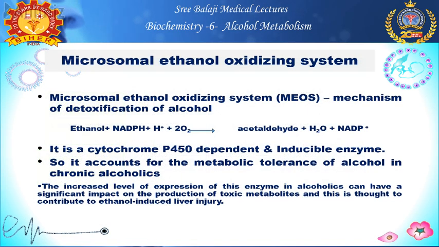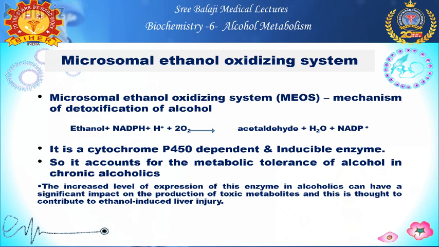Next one is the microsomal ethanol oxidizing system. It is a mechanism of detoxification of alcohol. Here also ethanol will be converted to acetaldehyde. It is a NADPH dependent reaction. Here you will be getting 1 NADP. This reaction is catalyzed by cytochrome P450 oxygenase, and this reaction produces more reactive oxygen species, which will create liver injury.